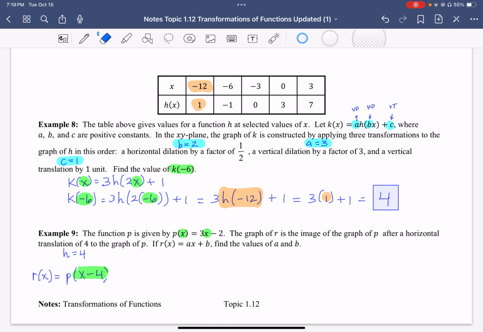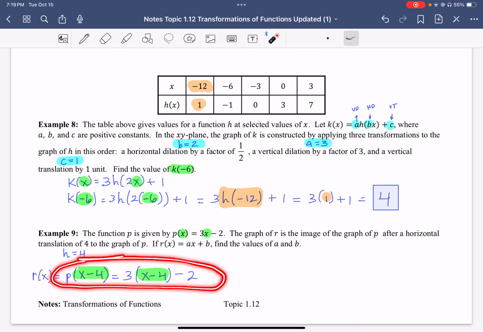Okay, so we're going to have 3 times x minus 4 minus 2. Okay, so let me just show you this. I want you to see that these two are the exact same thing. The only difference is that instead of x, we are replacing that with x minus 4 to represent the horizontal translation of 4. So we're going to the right 4 units.